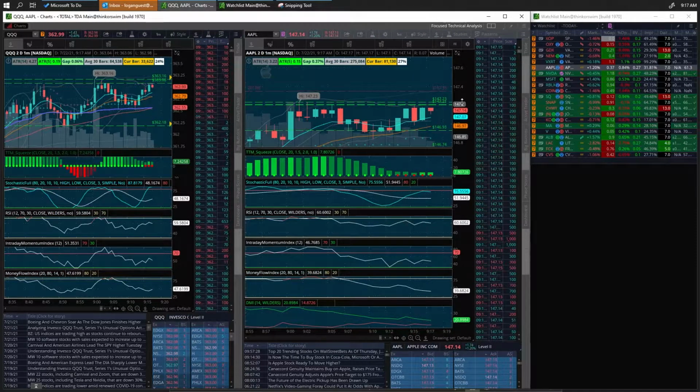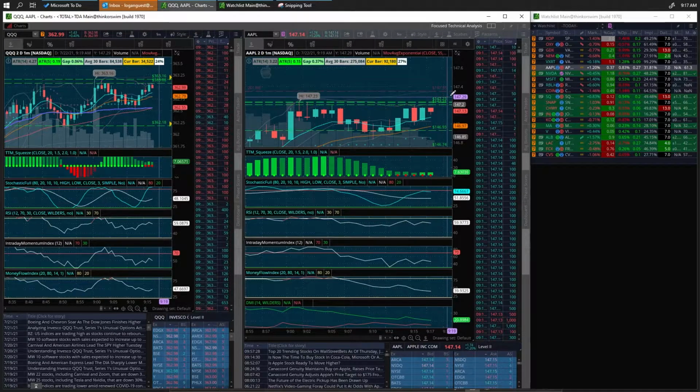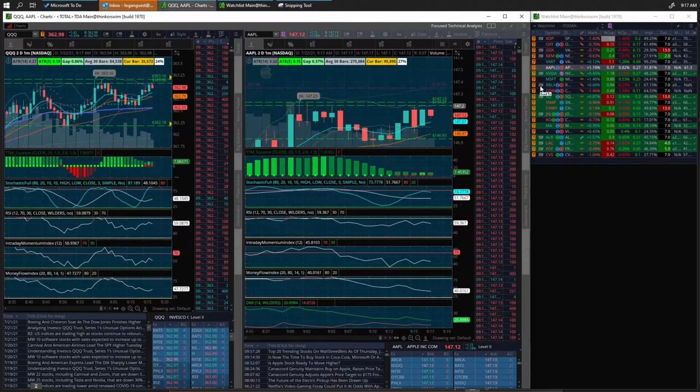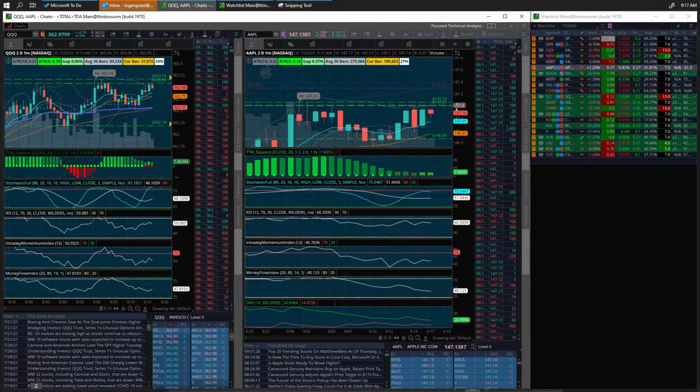If we get a push over that, and if we get the push over the 23-cent mark, that would be a very strong indication for me that this is going to be a continued move.